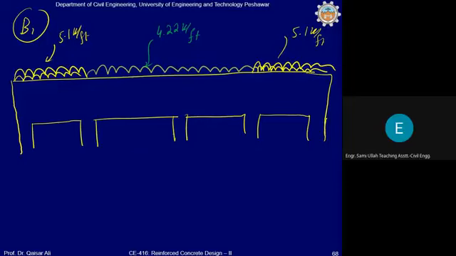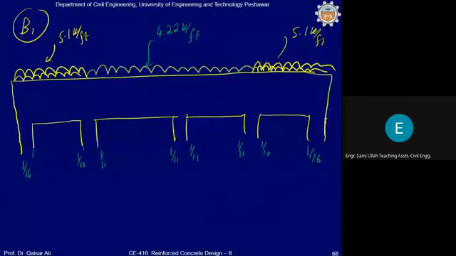Now you can analyze the same beam using the ACI coefficient method. The coefficient values, you know that for exterior column support it is 1 over 16 negative moment. Negative moment at this face is 1 over 10, then 1 over 11, 1 over 11, 1 over 11, 1 over 10, and 1 over 16.